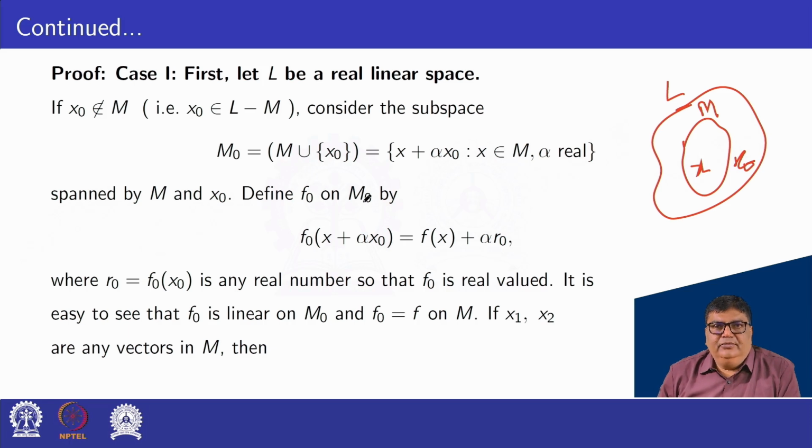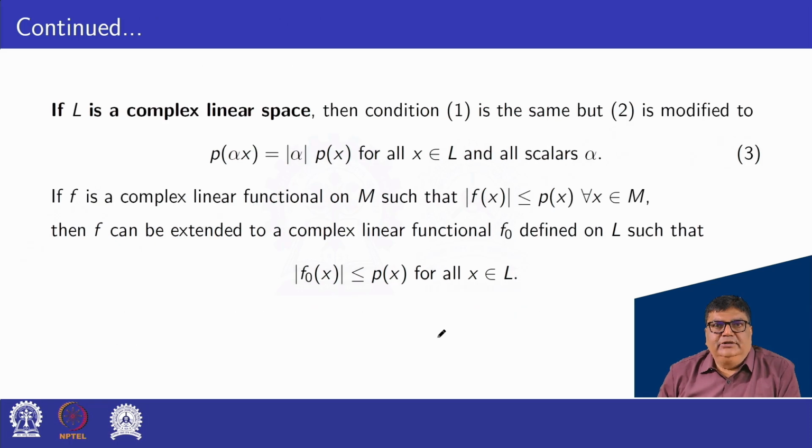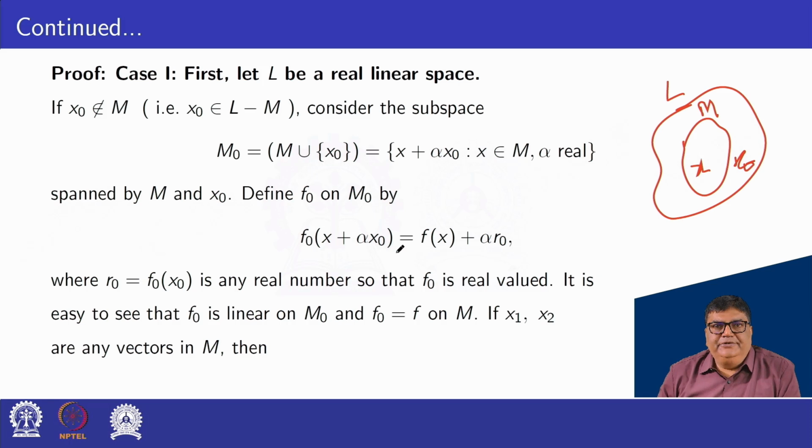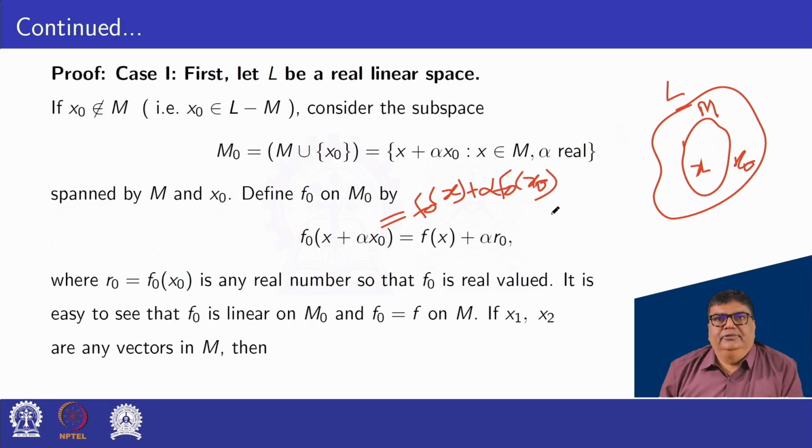Define f0 on M0 by f0 of x plus alpha x0 equal to, since f0 is a real linear functional, f0x plus alpha f0 x0.